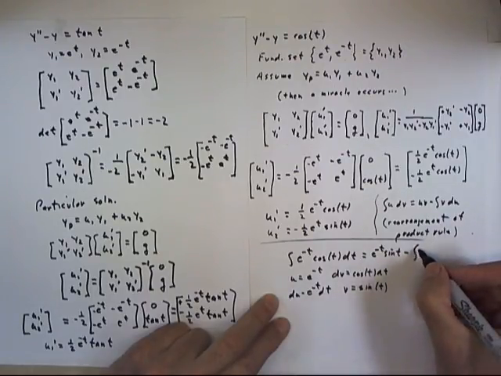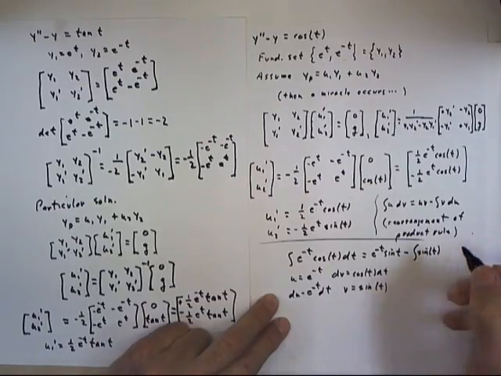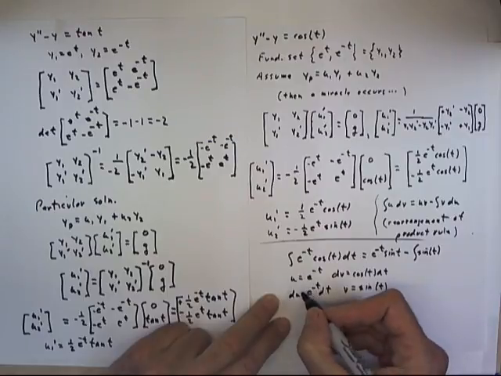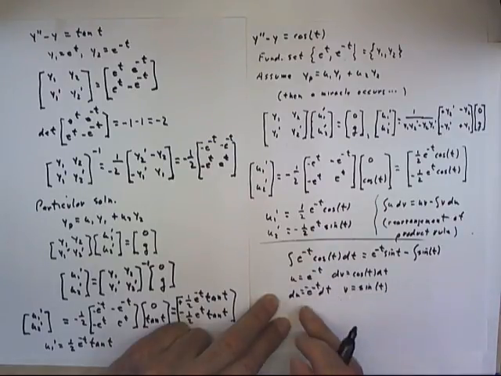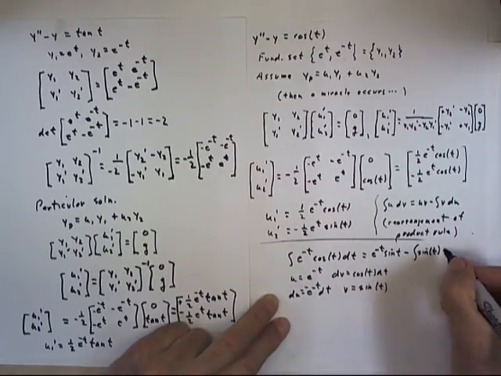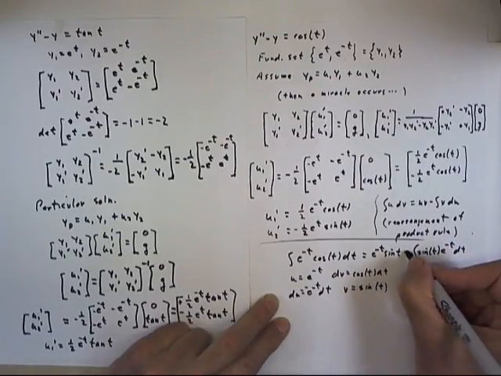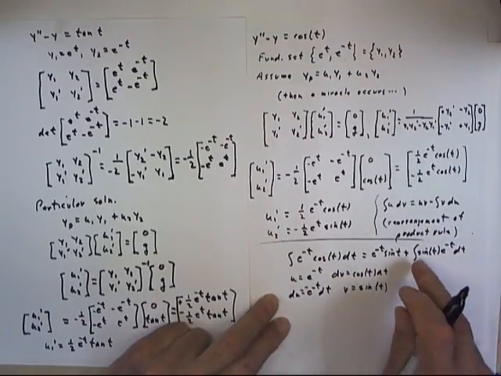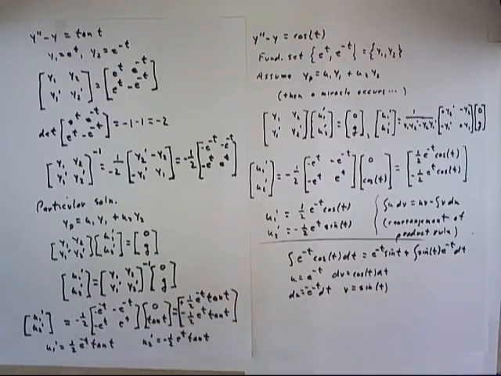So that's going to be minus the integral of sine t multiplied by negative e to the negative t. The negative on this will make this a plus.